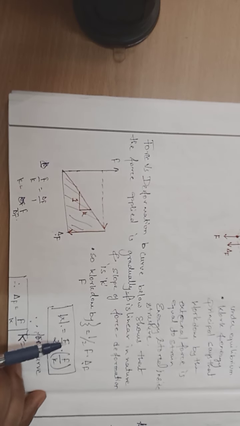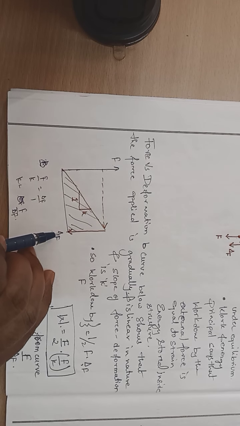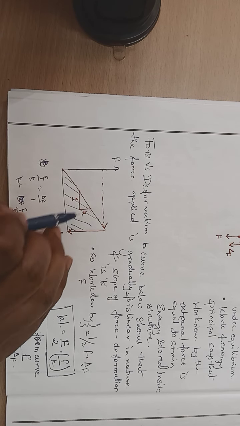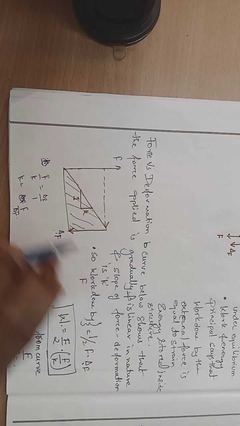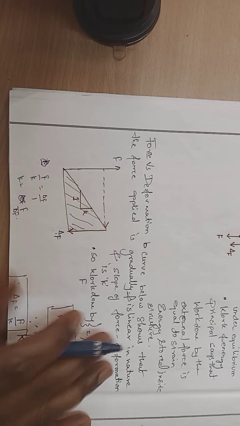When I say force is directly proportional to the deformation, I am indicating this force deformation curve by the slope called K. In this diagram, I can take similar triangles and prove this.